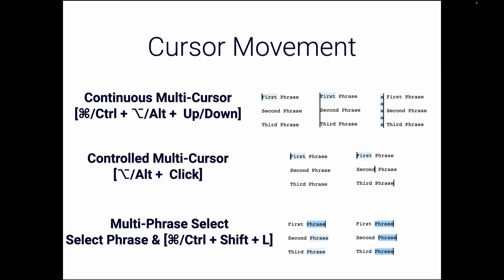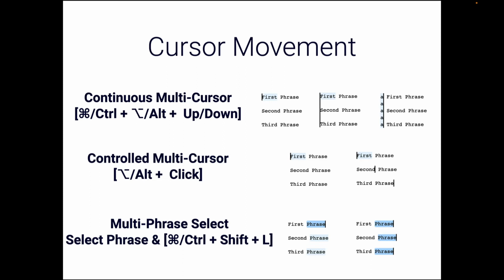One of the other really useful features of Google Colab is the fact that you have access to a bunch of different cursor movements. So you can have a continuous multi-cursor that spans multiple lines, which makes it easier for cleaning up data. Another one is you can do a controlled multi-cursor, which means that you can select the different points where the cursor should be placed.